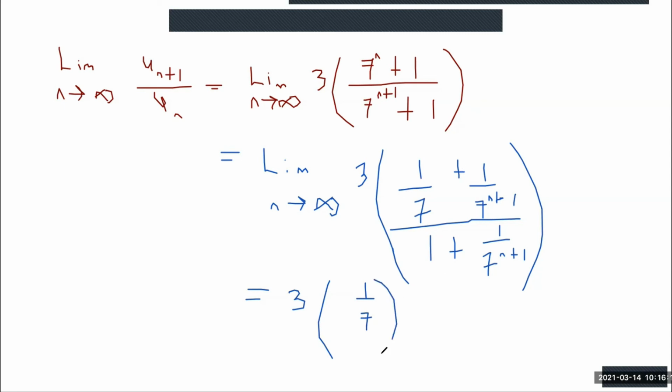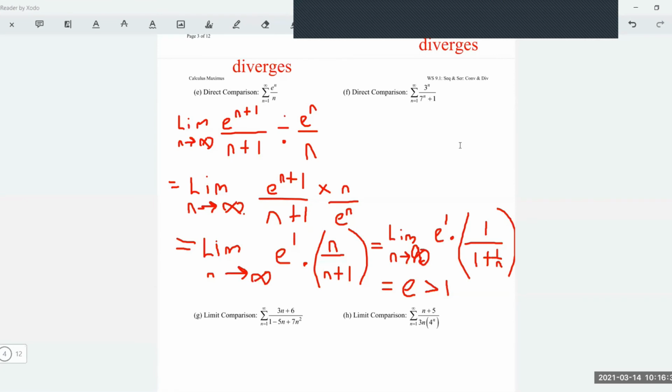So it works out to be 3 times 1 over 7, which is 3 over 7. By D'Alembert's ratio test, since 3 over 7 is less than 1, it converges. So example 2 converges.